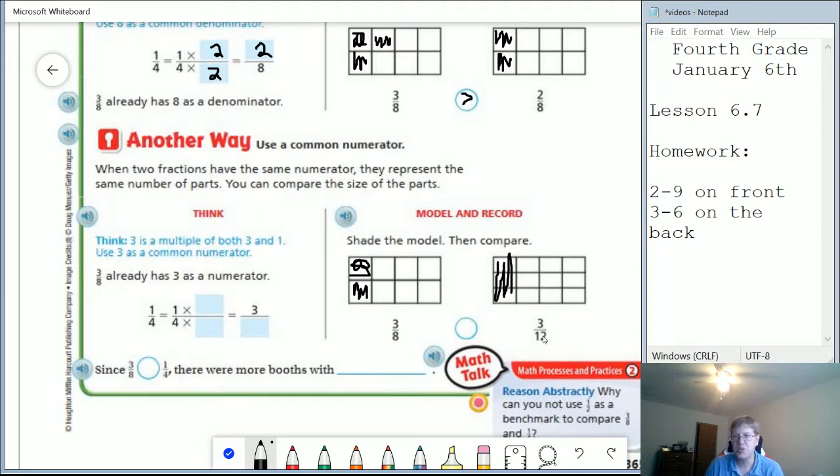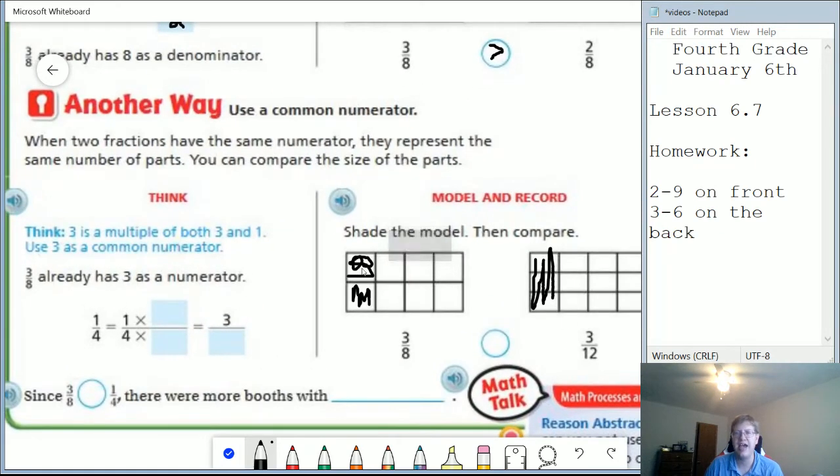So this has 12 relatively small pieces that are smaller than the pieces of the size that we have for the shape that is 3/8. And so if the top numbers are the same, we can say that the larger side would be the part that has the smaller denominator compared to the other one.